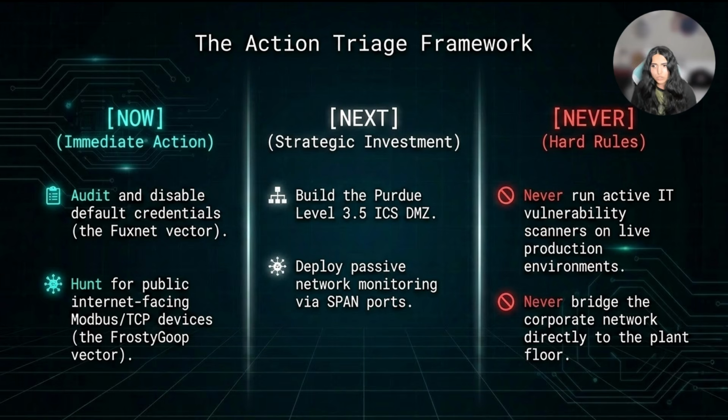And there are also hard rules. Never run active IT vulnerability scanners on live production environments. This is in red because it's important, and we don't want our SkyTrain or train or electricity systems to stop all of a sudden because someone is running an Nmap scan. And never bridge the corporate network directly to the plant floor.